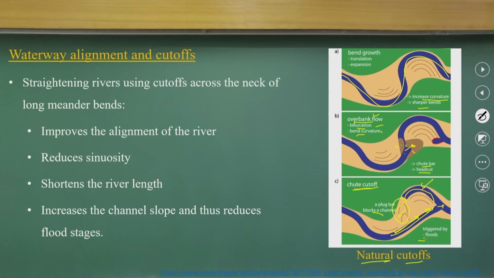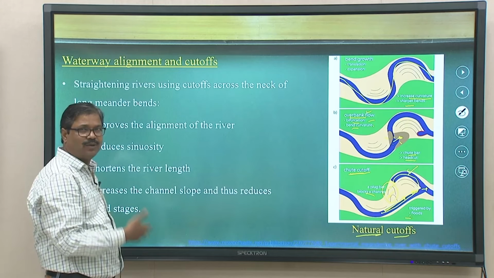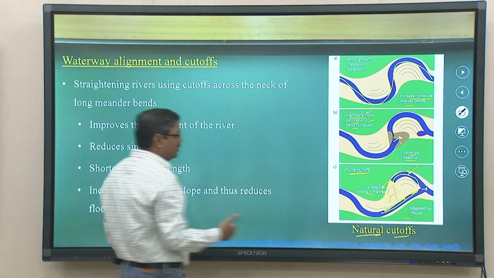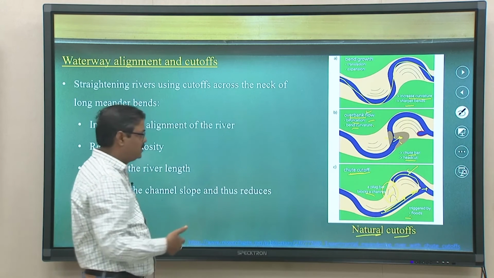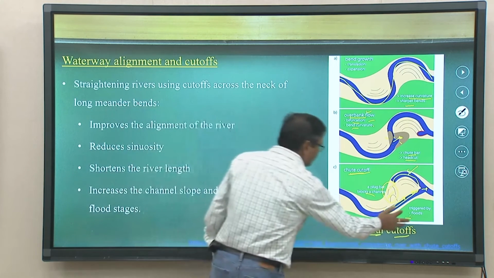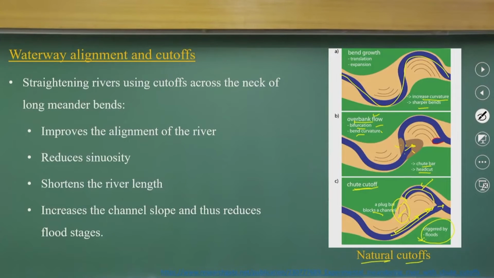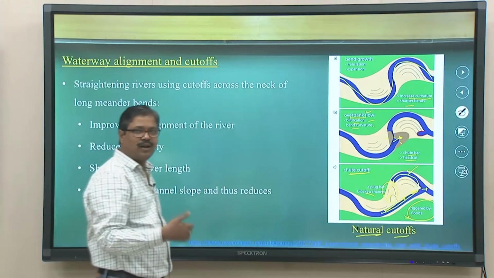Because we need this knowledge, sometimes we have to trigger this cutoff process by man-made means. That is what we try to do, whether we can trigger the cutoff process, because natural cutoffs take a lot of time. It depends on major flood events to have natural cutoffs. We cannot wait for that. So, we try to resemble the natural conditions and make artificial cutoffs following the behavior of natural cutoffs.